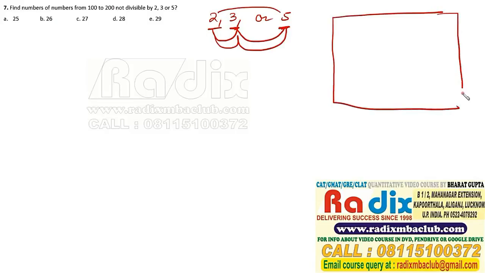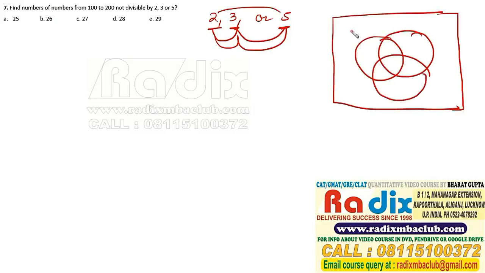We will make a Venn diagram for three numbers: 2, 3 and 5. Now this middle portion shows those numbers which are divisible by 2, 3 and 5. This portion shows the numbers which are divisible by 2 and 3. This portion shows numbers which are divisible by 3 and 5 only.